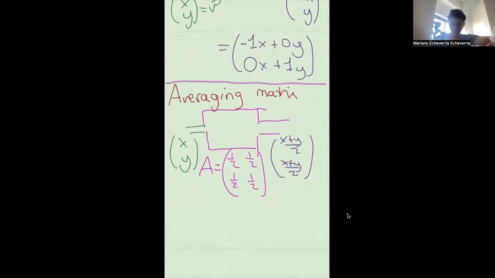So if you prefer, you can write this out as x half plus y half and x half plus y half. Is that making sense? So you see the coefficient 1/2 is in front of all the variables.